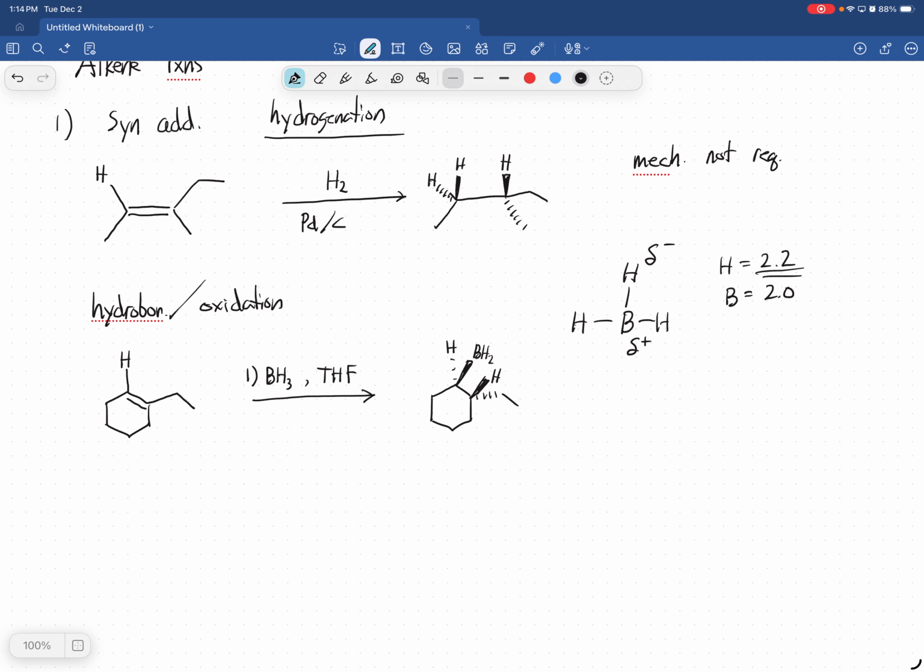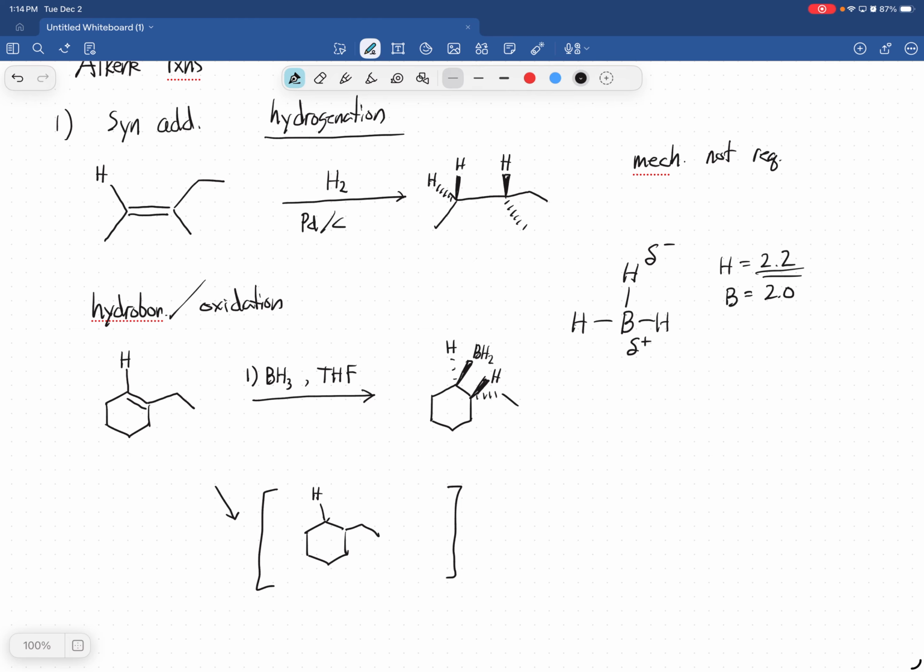Does anyone want me to go over the mechanism? So, okay, sure. So let's go over the mechanism. All right. So what I like to draw is I draw this in brackets, and as the alkene is approaching here, you're going to have, let's see, we're going to draw an H here, draw an ethyl group here.